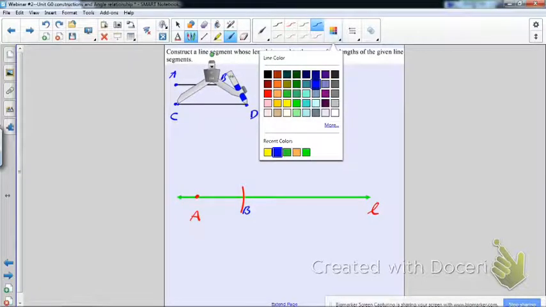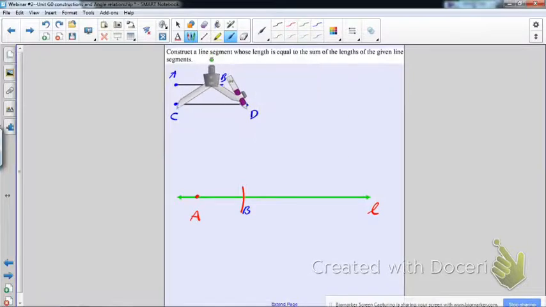I'll change it into a different color. Without moving the compass or the length of the compass, begin at B and then make a new arc.